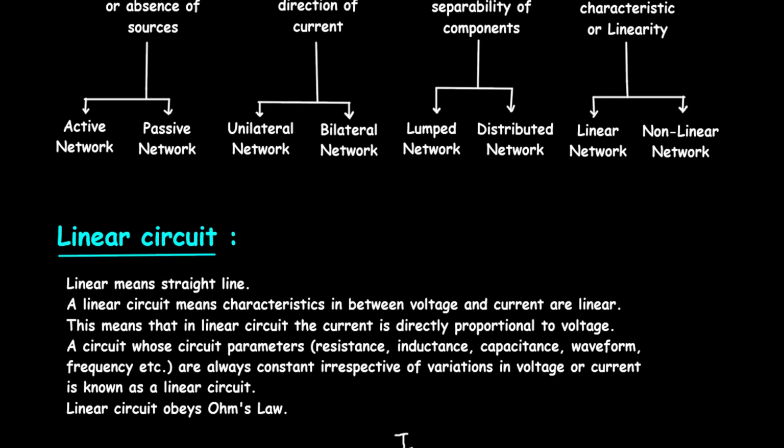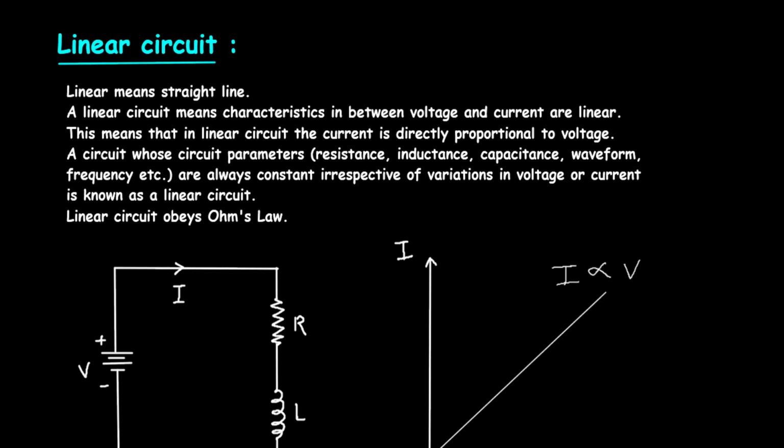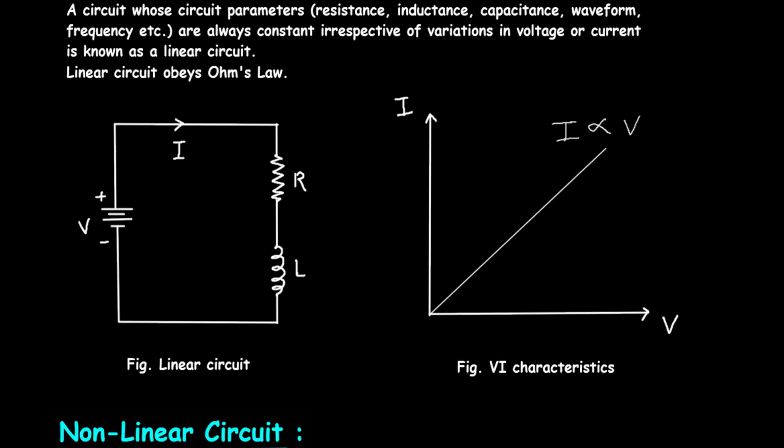First of all, let's see linear circuit or linear network. We all know that linear means straight line. A linear circuit means characteristics in between voltage and current are linear. This is called VI characteristics.